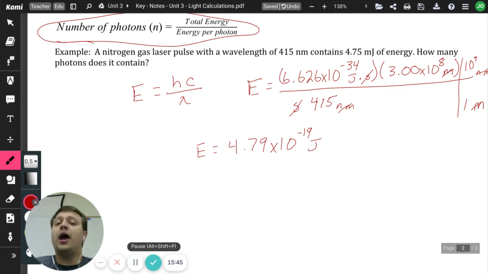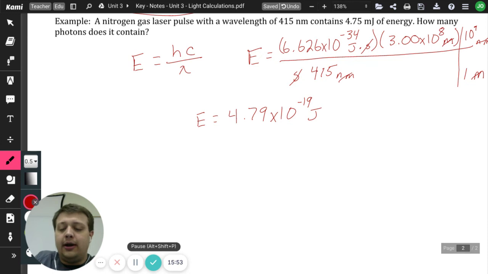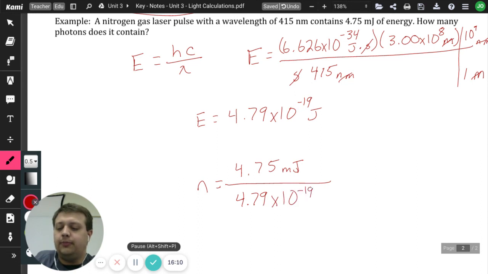Okay, so now I know the energy of a photon, but my question asks me how many photons does it contain? So my number of photons equals my total amount of energy. So my total energy was 4.75 millijoules divided by the energy per photon, joules.